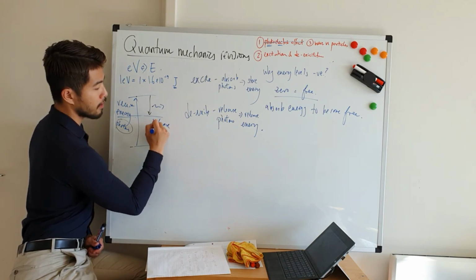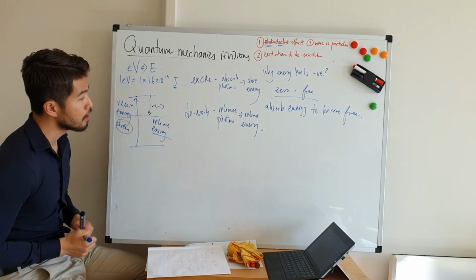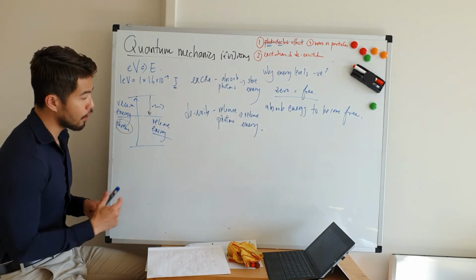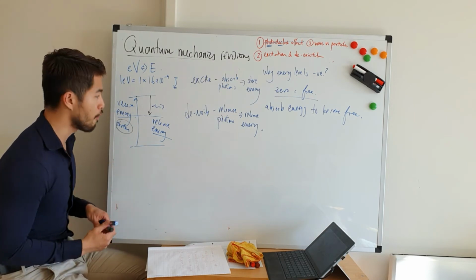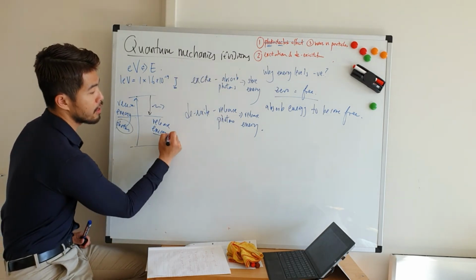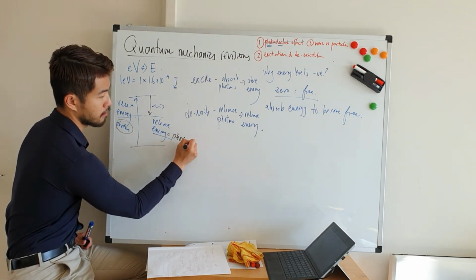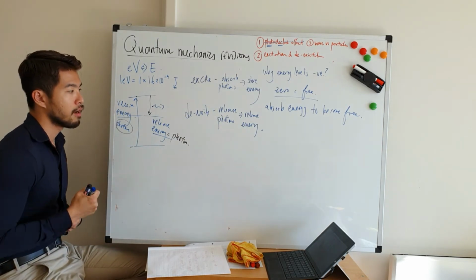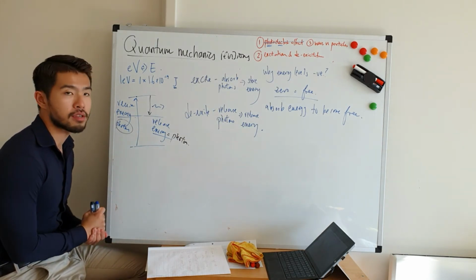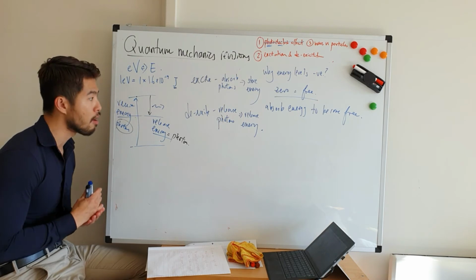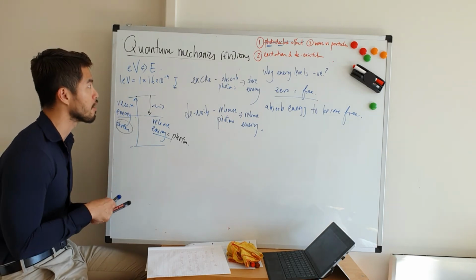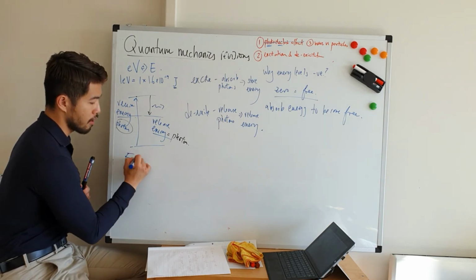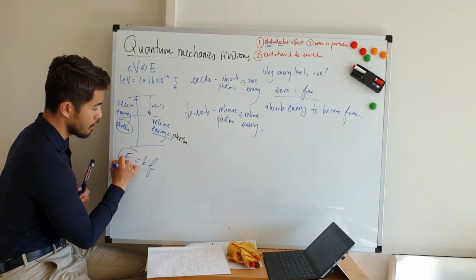When it drops, it releases energy. When I say drop, I mean de-excite. So it releases energy. What is energy? Energy is photon. So it actually releases a photon instead. And what photon it releases depends on what frequency it is. How do I know the frequency? We know E equals hf.